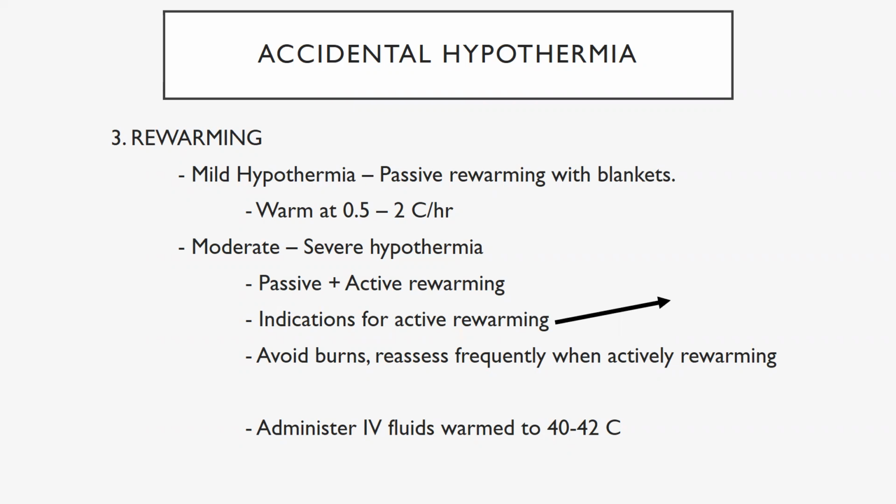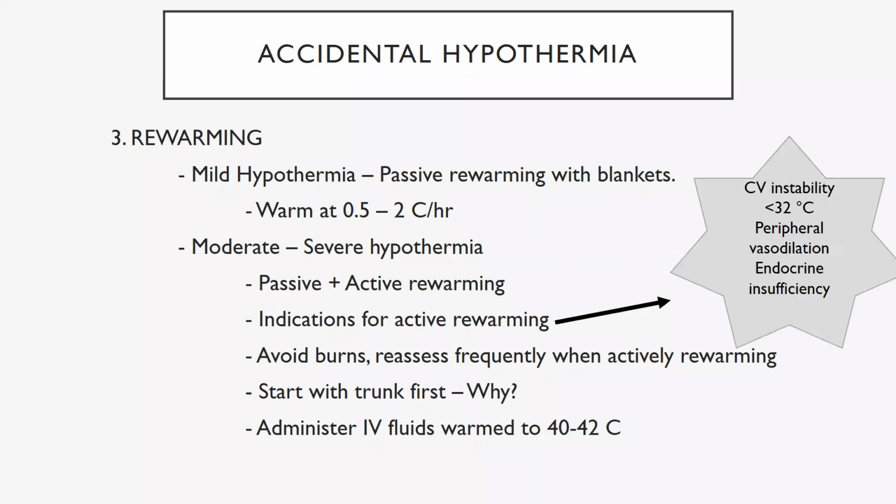Things that you look for where you would consider active rewarming are if they have cardiovascular instability, so frequent ventricular VFib or malignant arrhythmias, if they're hypotensive, temperature below 32 degrees Celsius, or if they have endocrine insufficiency.